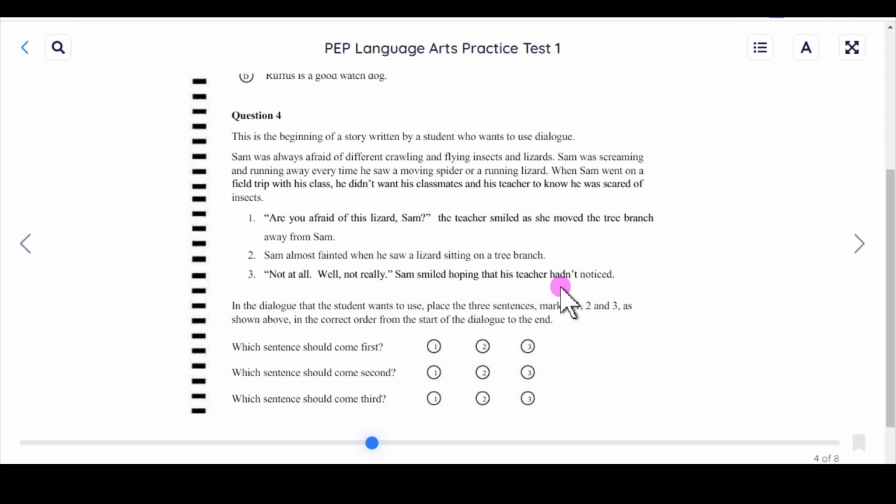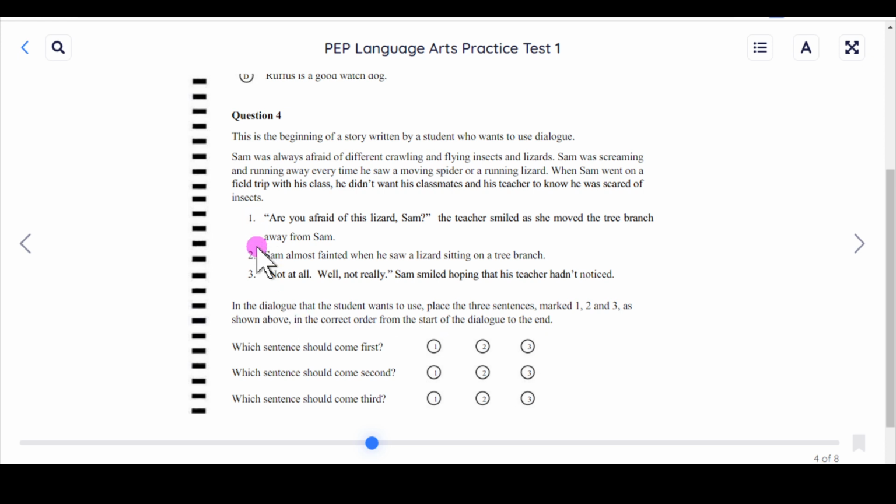Alright, so this doesn't sound like it would come first. Something would have happened first before this. In the dialogue that the student wants to use, place the three sentences marked 1, 2, and 3 as shown above in the correct order from the start of the dialogue to the end.